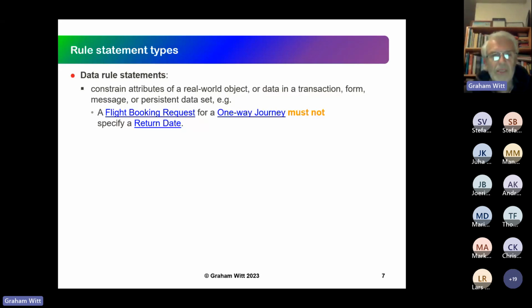So a flight booking request for a return journey must specify a return date, whereas a flight booking request for a one-way journey must not specify a return date. And so these statements, of course, allow us to produce a much richer rule model in terms of what is mandatory, optional, or prohibited. So this is actually a richer form than what we tend to see normally, just mandatory or optional.